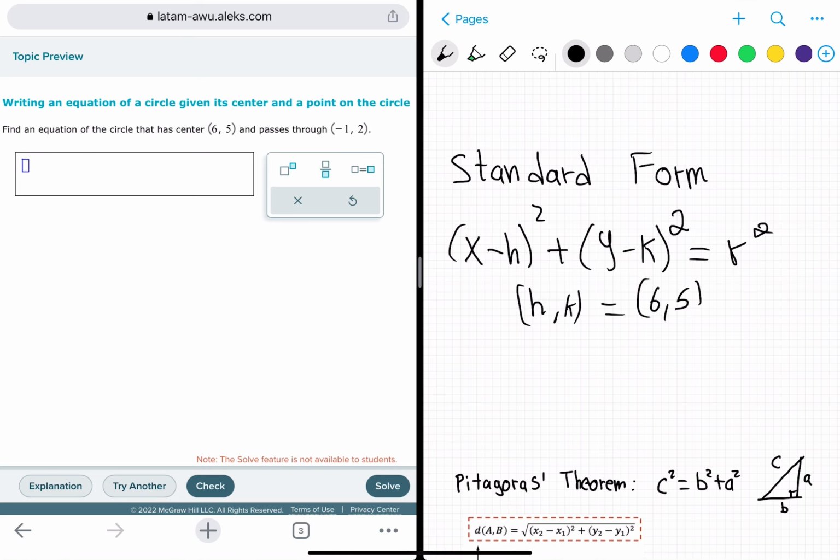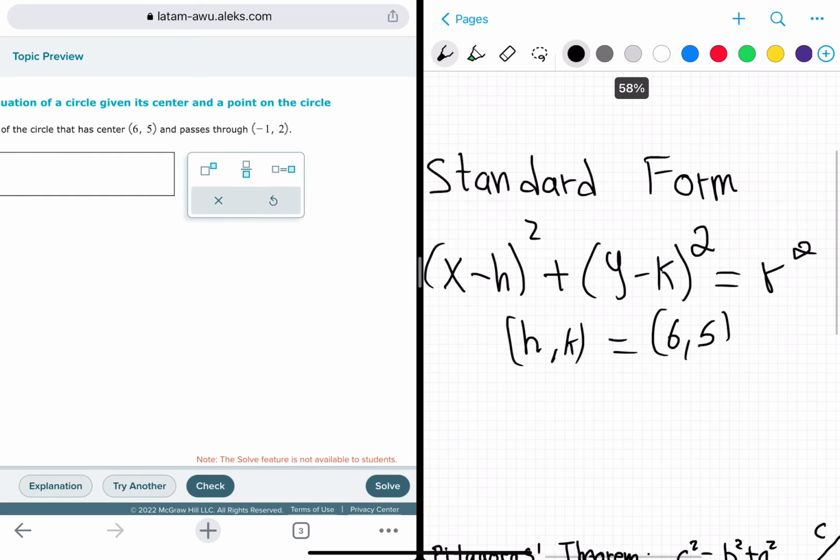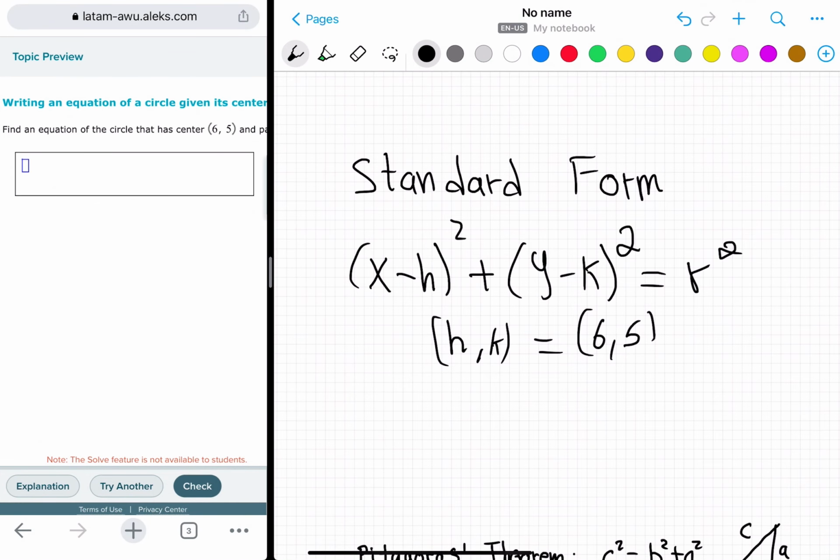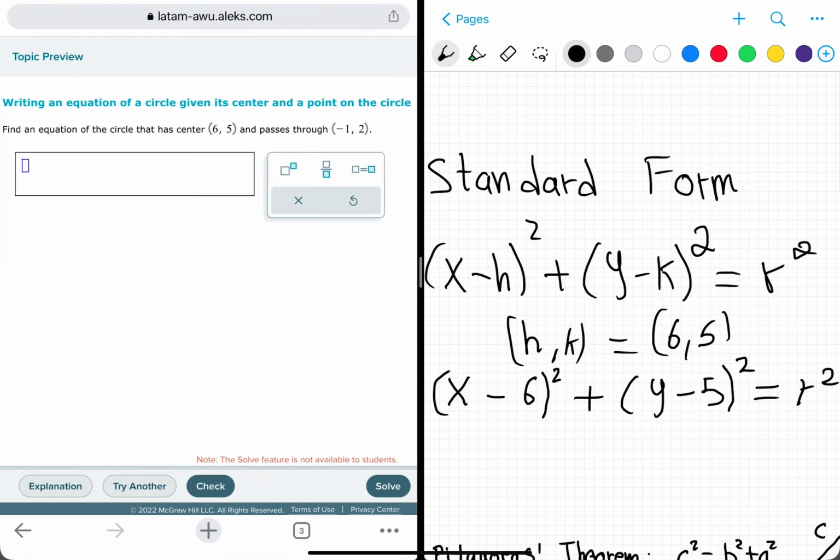So I'm gonna replace that into this equation here. That is x minus 6, all of that is square, plus y minus 5, all of that is square, equals r squared. But in the problem, if you read the description carefully, they don't give us the radius value.